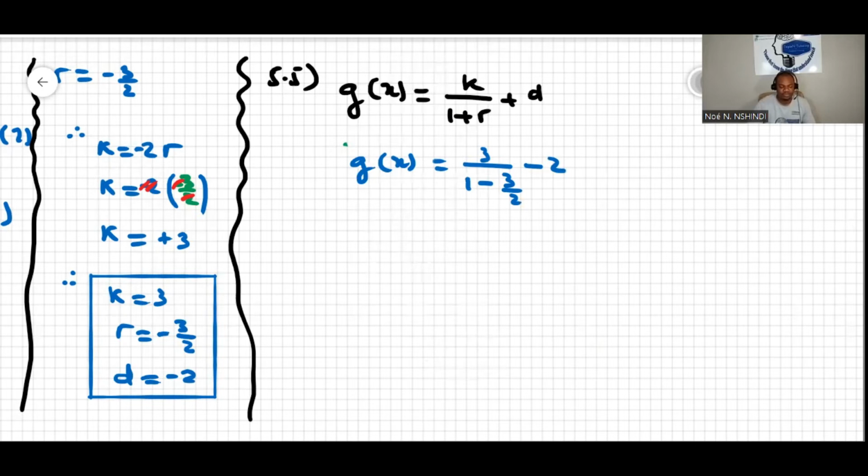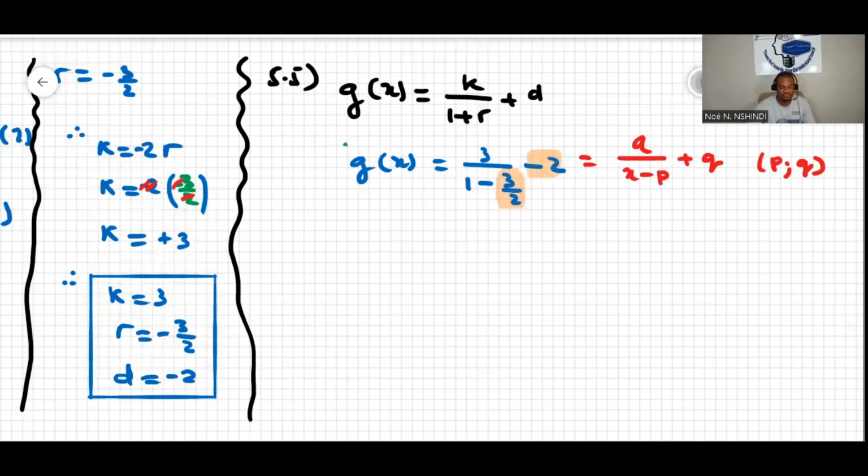Because we got r to be negative 3/2, the asymptote is just 3/2, not -3/2. It must be 3/2. The hyperbola is given by the definition a over x minus p plus q, where p and q are the asymptotes. So the asymptotes here are 3/2 and -2. Those are the coordinates.